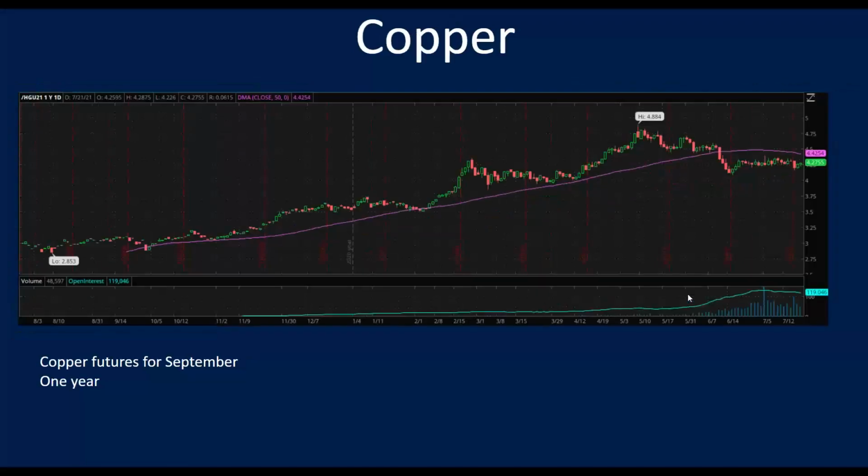And then some other things that people talk about, copper peaked about the same time that lumber did. Copper is another thing that people look at in terms of economic growth. It peaked, but you notice it doesn't look like lumber, and it also doesn't look like gold. So this to me seems like a healthier chart for copper. I'd like to see it come back above the 50-day moving average. But generally this looks like you're pricing in growth here, right?